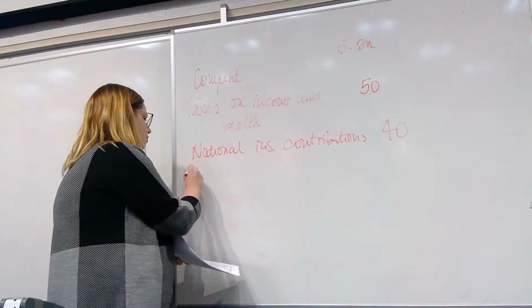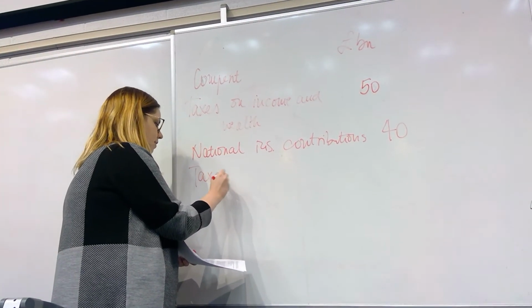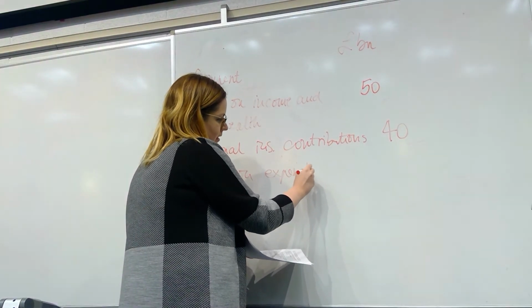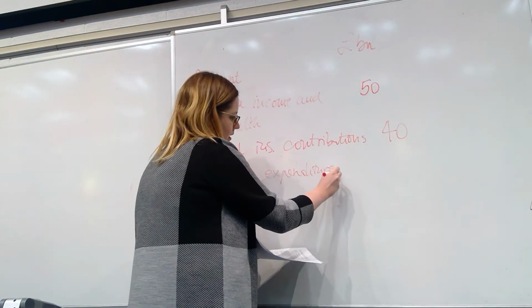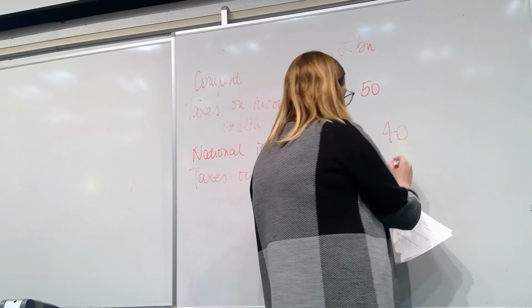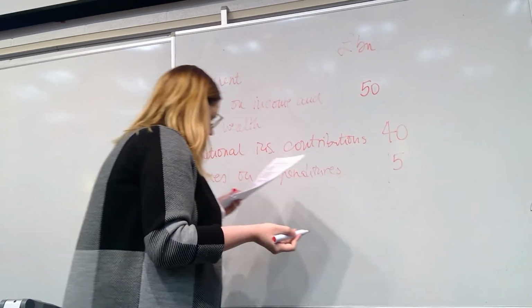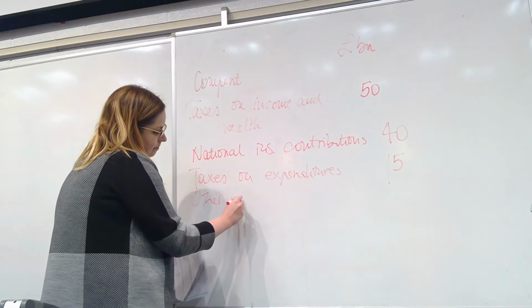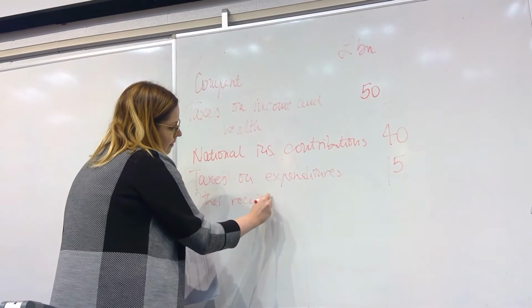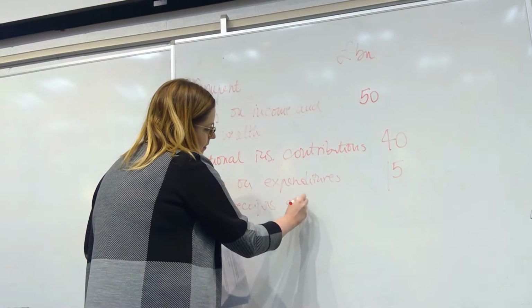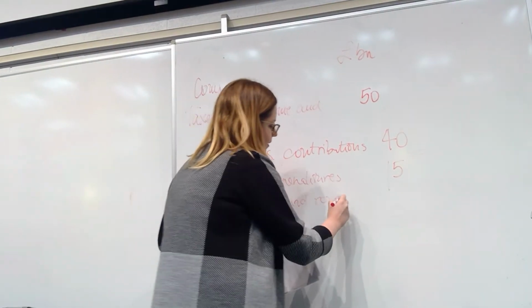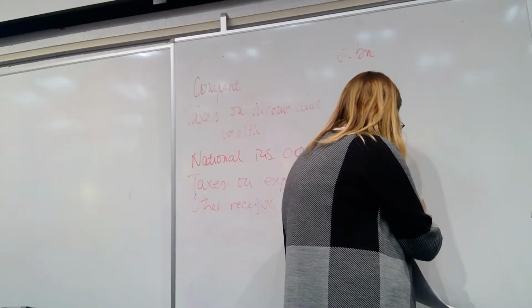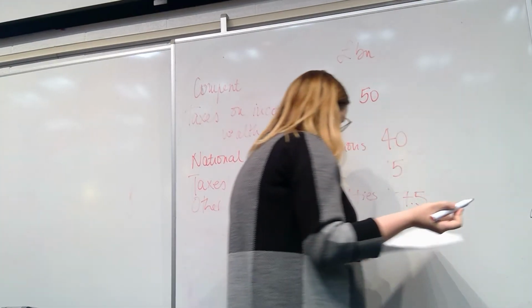Then we have taxes on expenditures, which are 15 billion. Then we have other receipts and royalties, which are 7.5 billion.